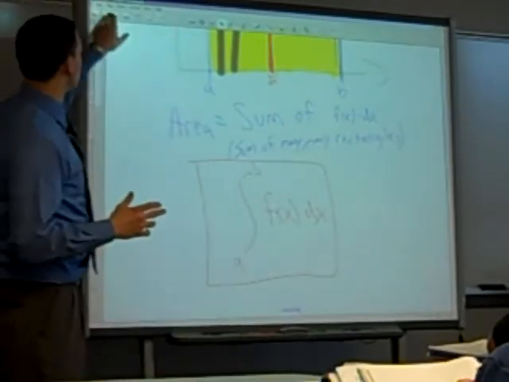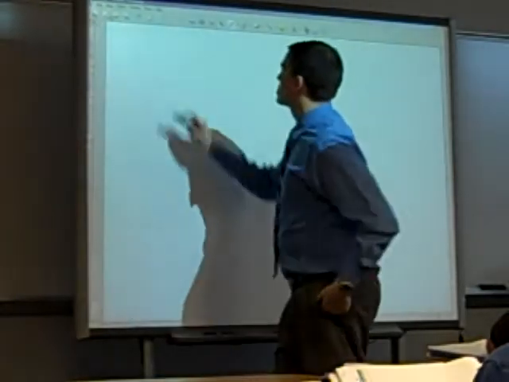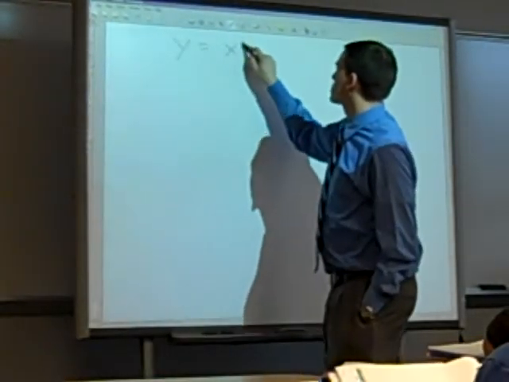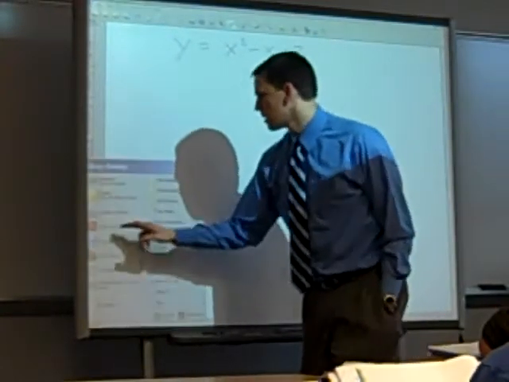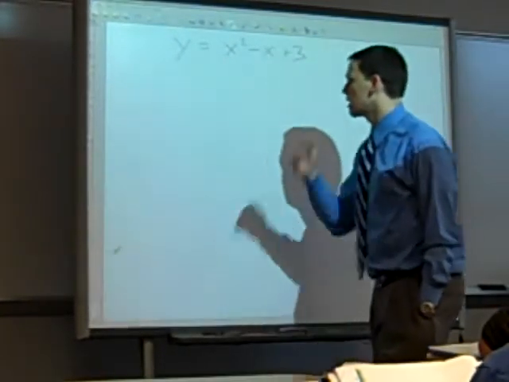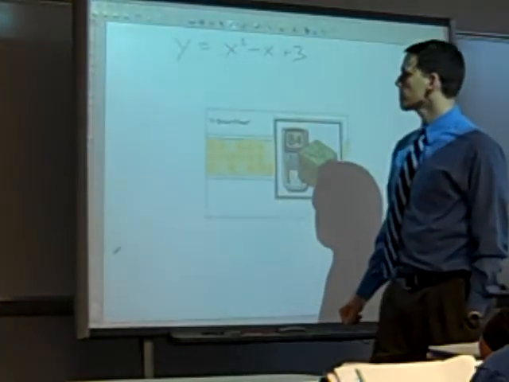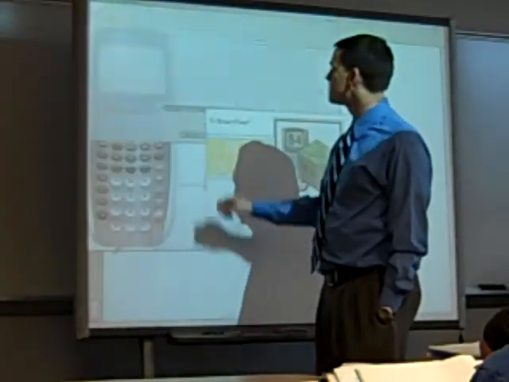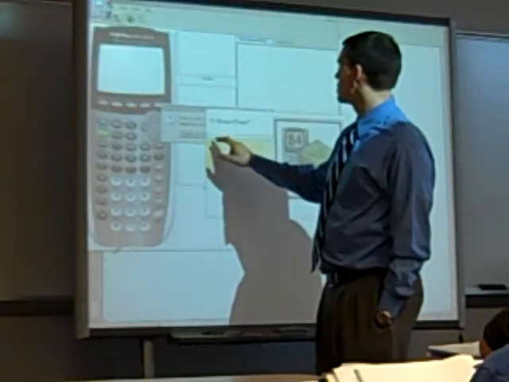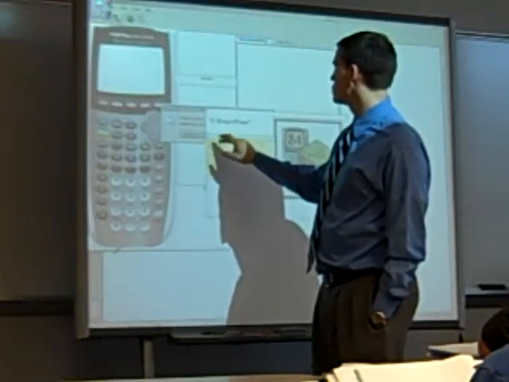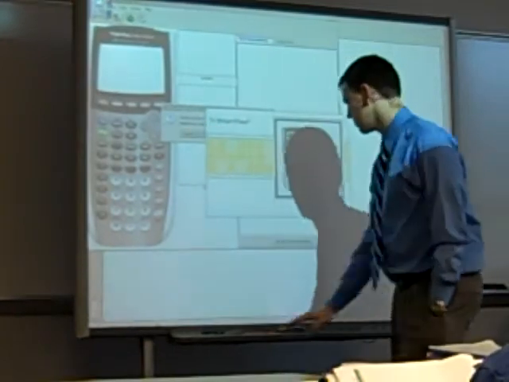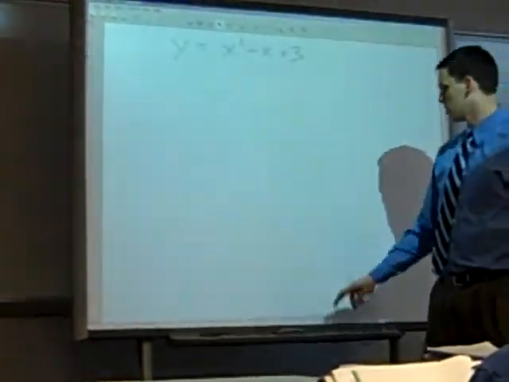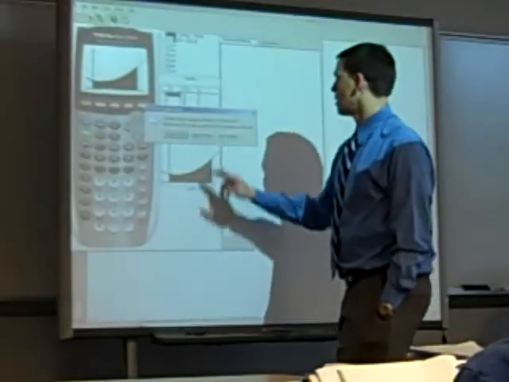Okay, so how do we use this on our calculators? Let's pick y equals x squared minus x plus 3 again, and let's type that in our calculator. The calculator froze. Awesome. Oh, okay, we're good.